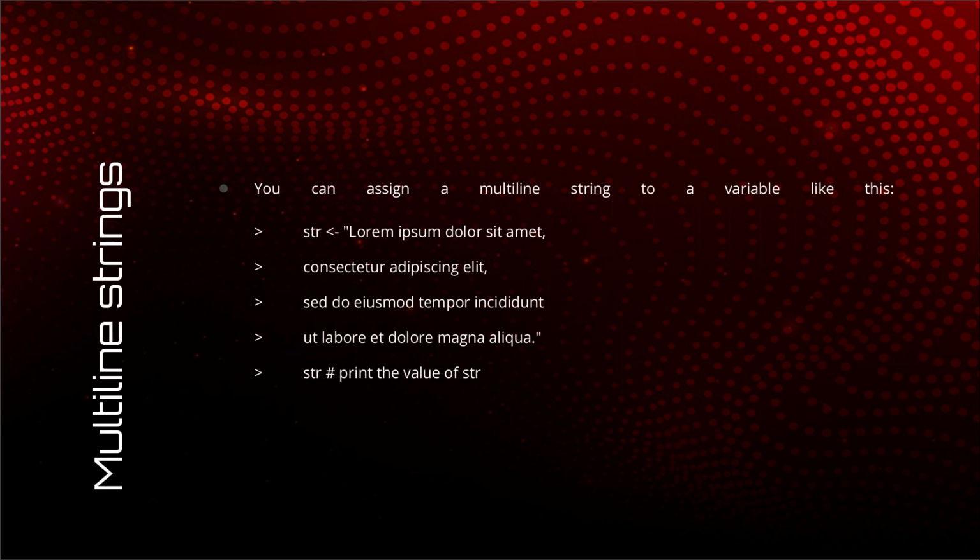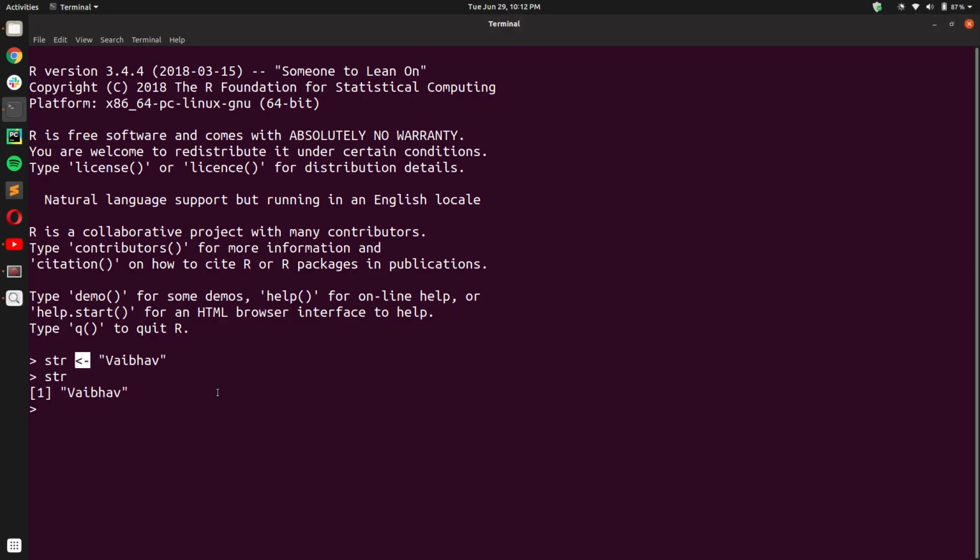In this example we only assigned a single line string to the variable str. You can also assign a multi-line string to a variable. Let us say I want to type my name but in multiple lines instead of one.